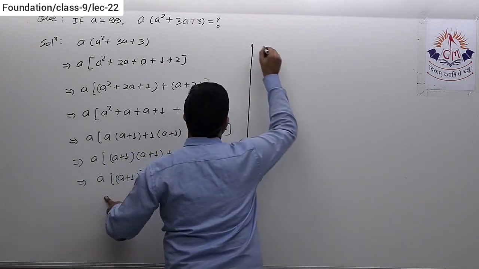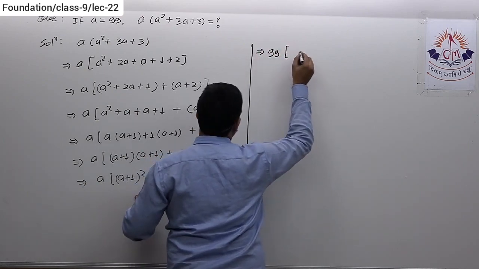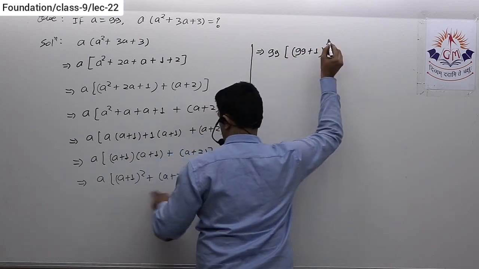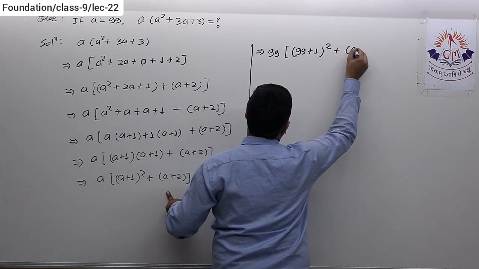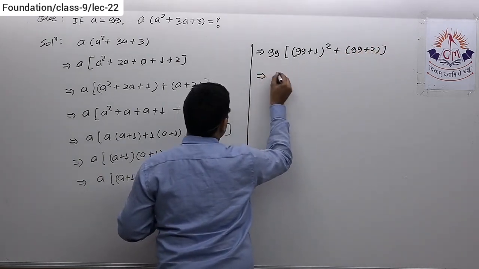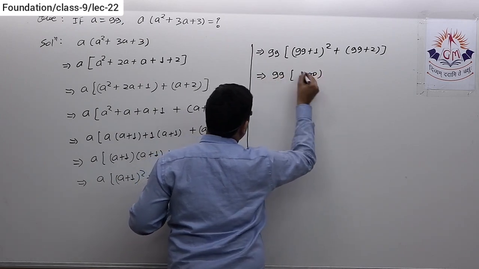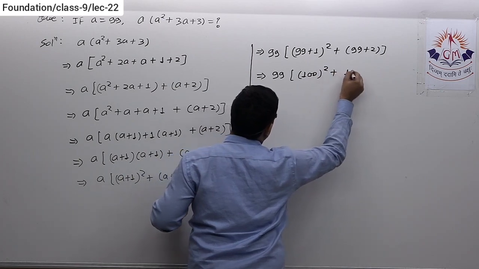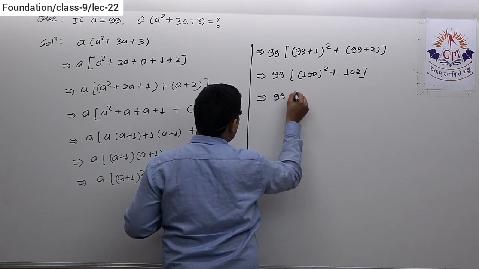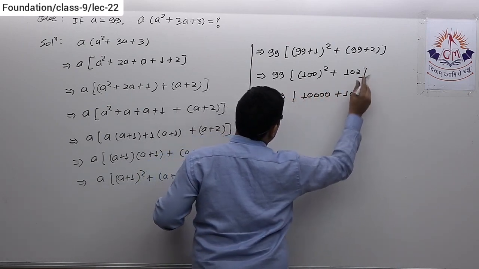Here A is 99. Then A plus 1, that is 99 plus 1 whole square, and A plus 2, that is 99 plus 2. So this gives you 99 into 100 square, and over here this is 101, not 102.